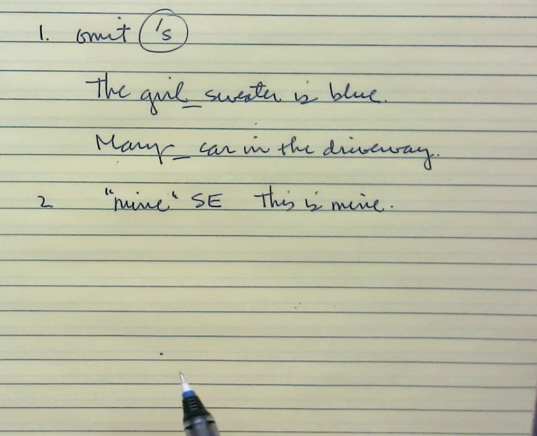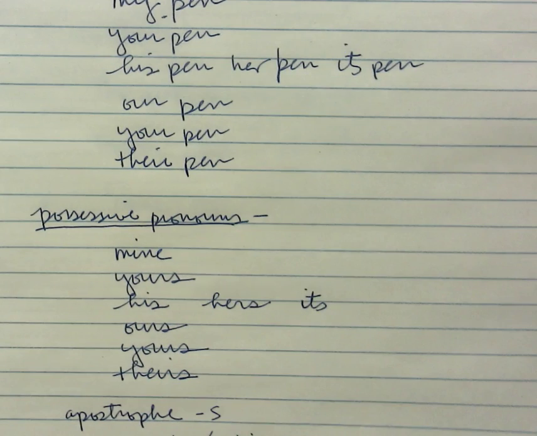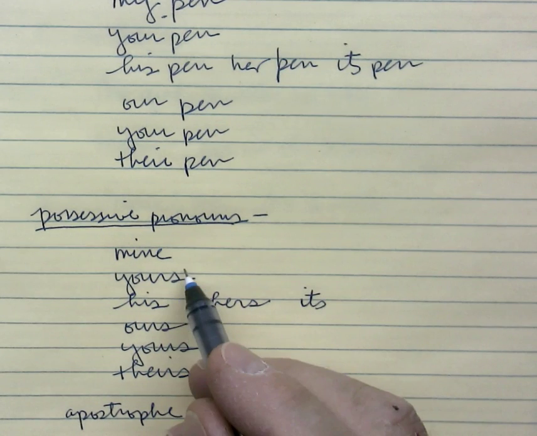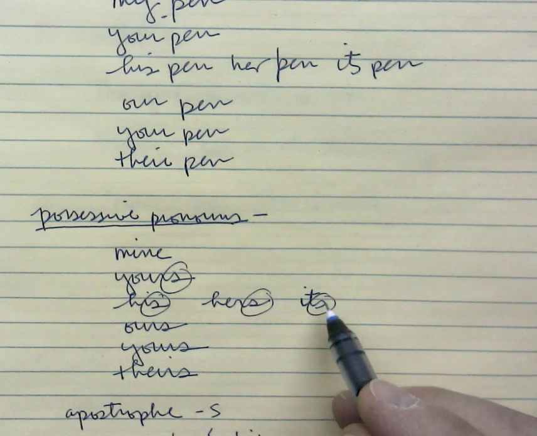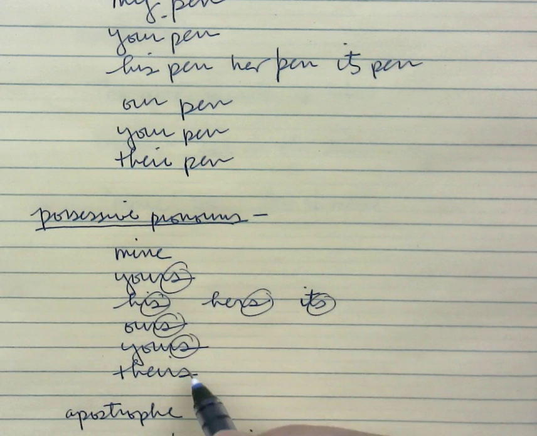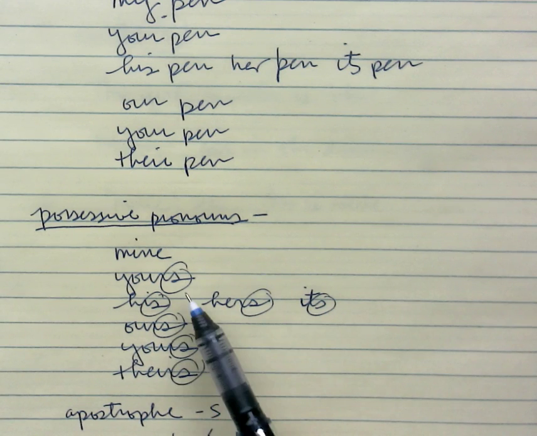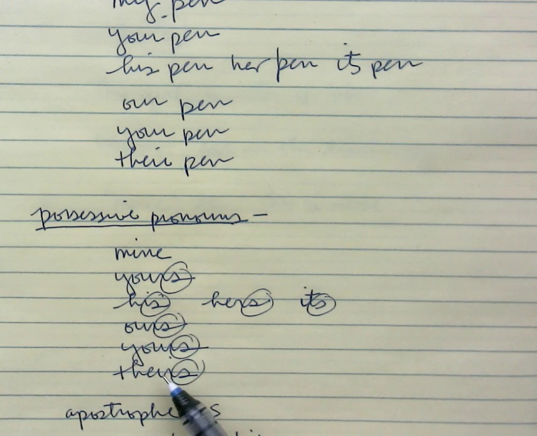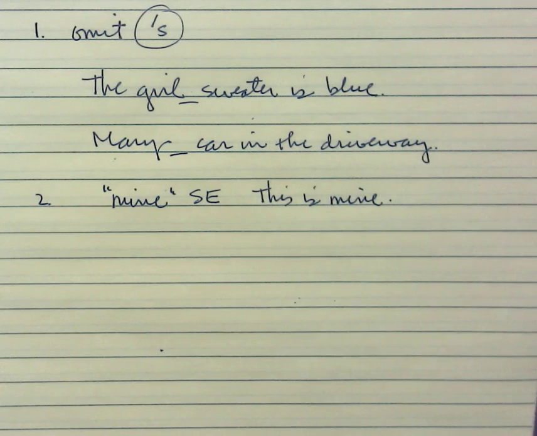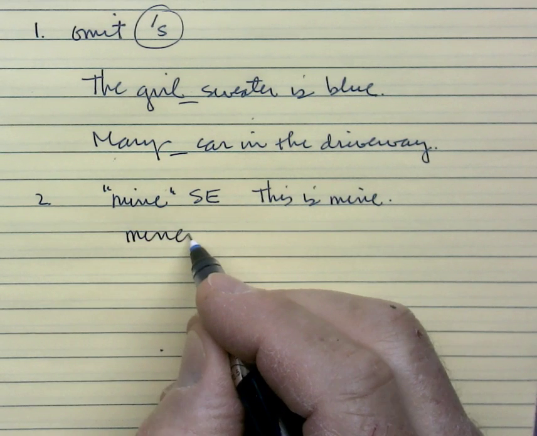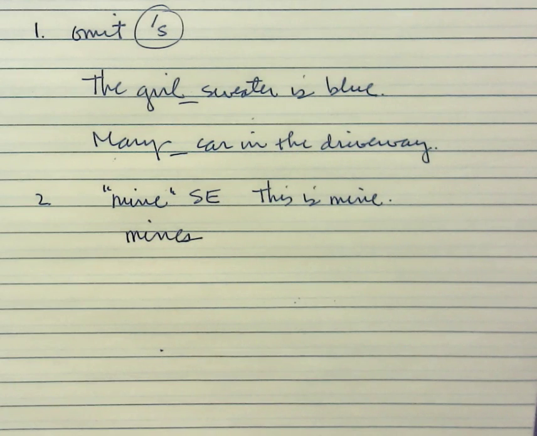But the other possessive pronouns in English, for example, yours, his, hers, its, ours, yours, theirs, they all finish with S. So the vernacular adds S to mine to make mines.